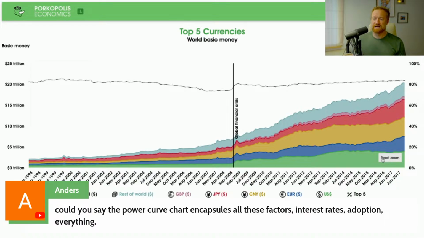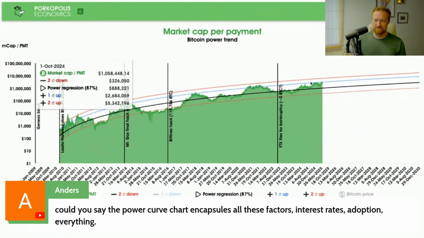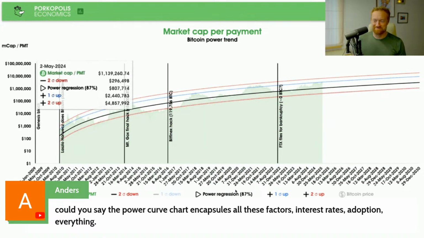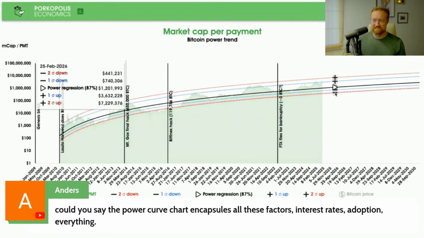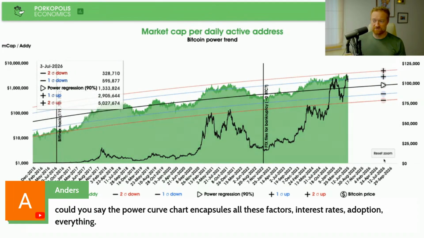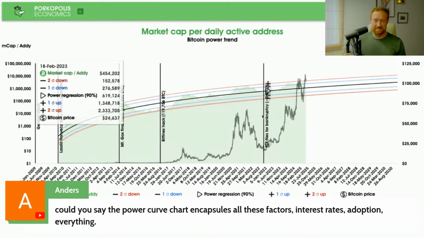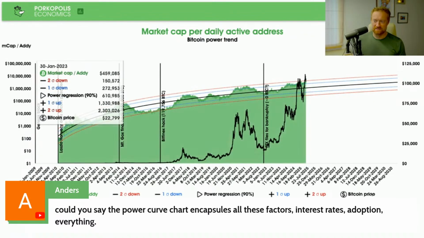So the point is, I still don't think to this day that this is the main driver of Bitcoin's price. I think it's more like this stuff. It's just how it looks on a chart. I think it's more like this: market cap per daily active address. It's not really ever going to get out of whack from these trend lines.